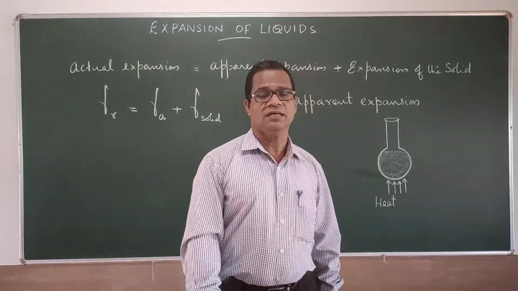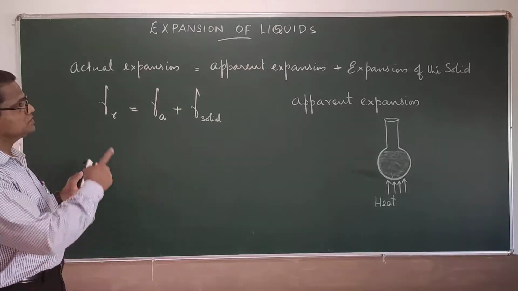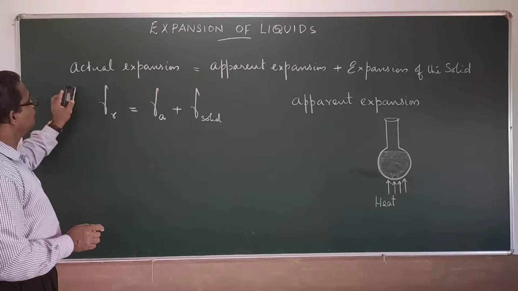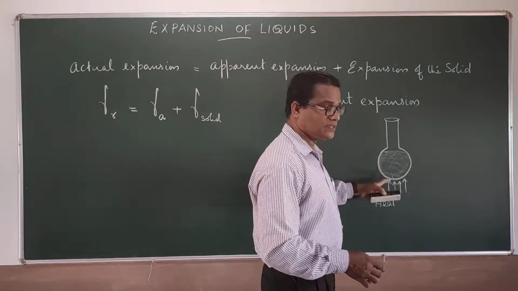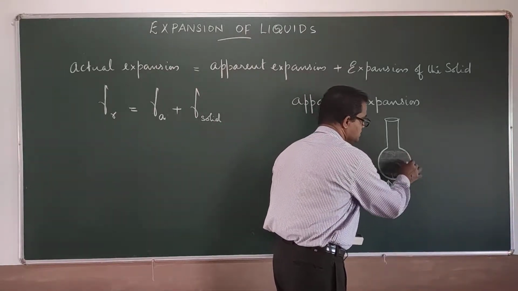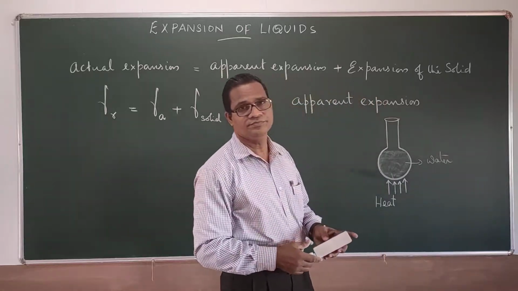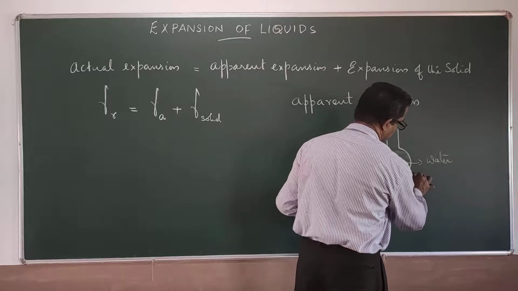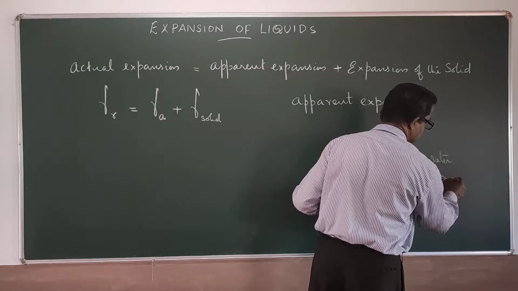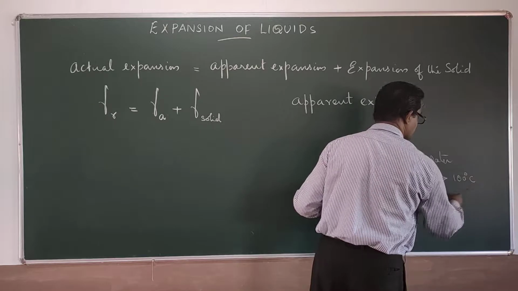And another point to be noted is, so this understood, and therefore we go to the next one. Suppose I take the expansion of water. Suppose this is water, and I increase the temperature of water from 0 degrees Celsius to, let us say, 100 degrees Celsius.